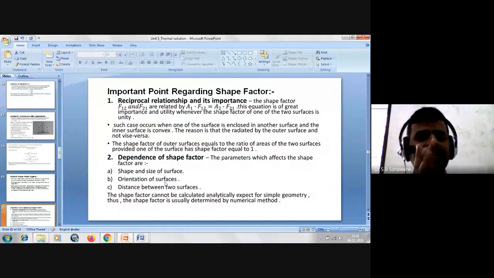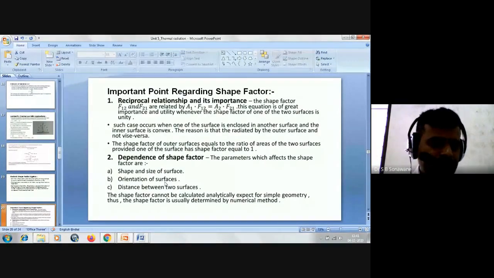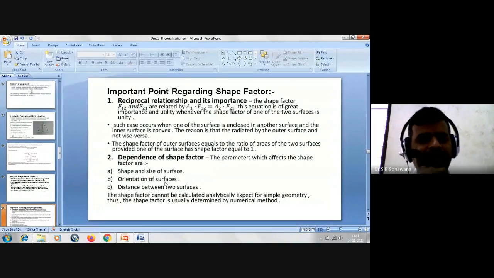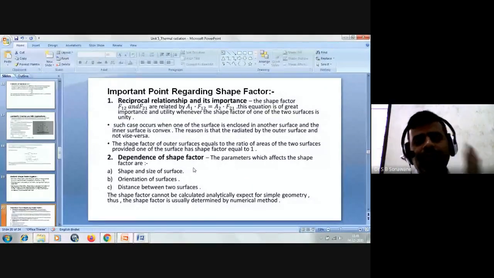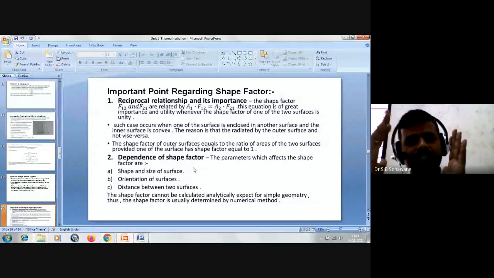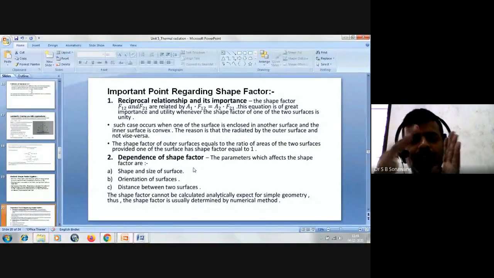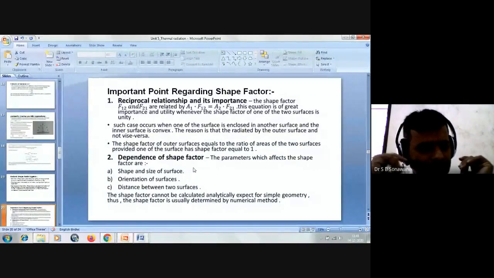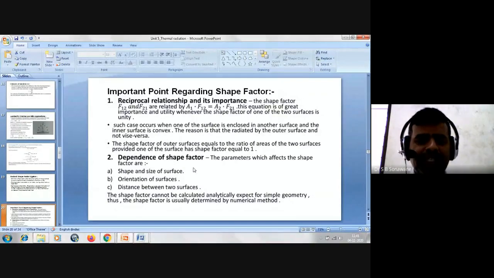This orientation or the angle made between the two surfaces decides the value of the shape factor. Another thing is the distance we have kept between the two surfaces, smaller or larger. That distance between the two surfaces also decides the value of the shape factor. Understood?